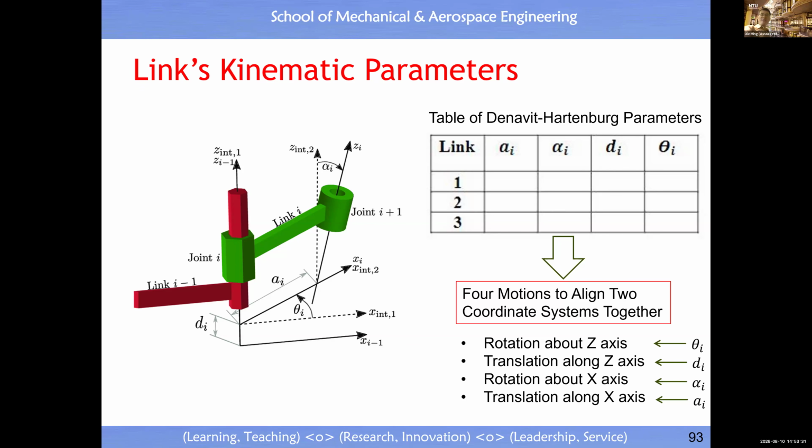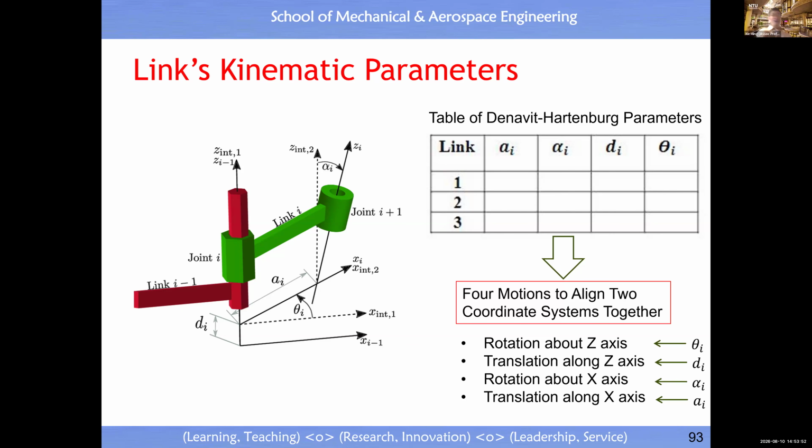Through these 4 kinematic parameters, you will be able to transform one coordinate system to be superimposed with another. So this fully describes the relationship between 2 coordinate systems.